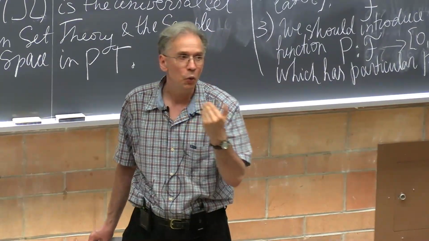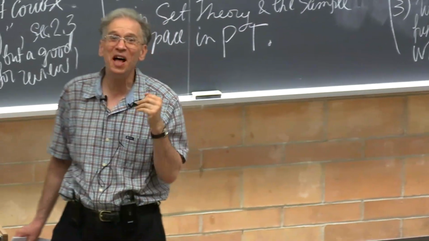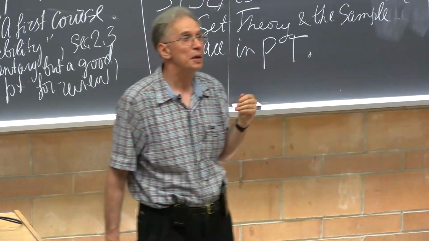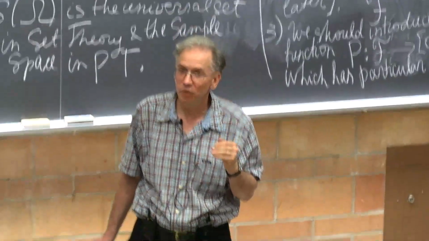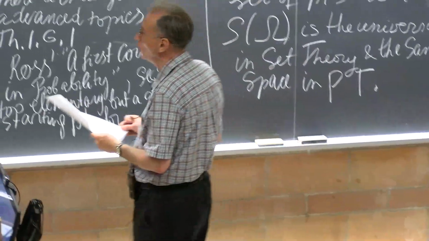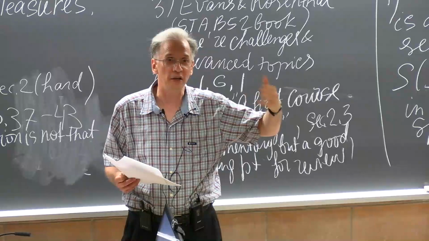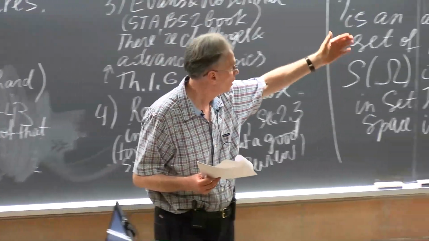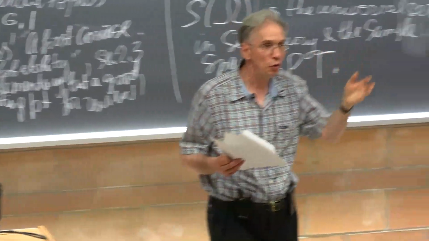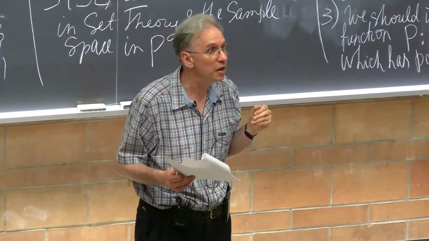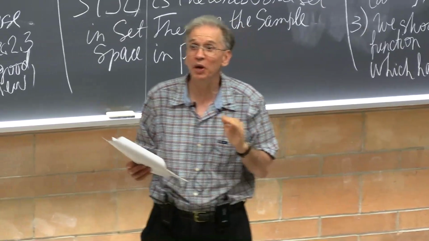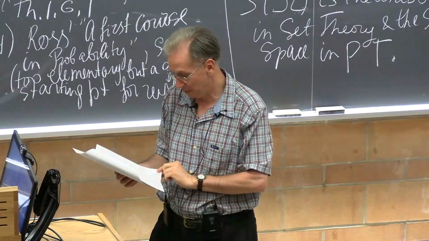For each event, we ought to assign a certain number between 0 and 1, which of course will be interpreted as the probability of such event to occur. And of course, we need to discuss what kind of structure this set of events should have, what problems could incur, and we need to specify the properties of all probability functions. They cannot be arbitrary. Okay?